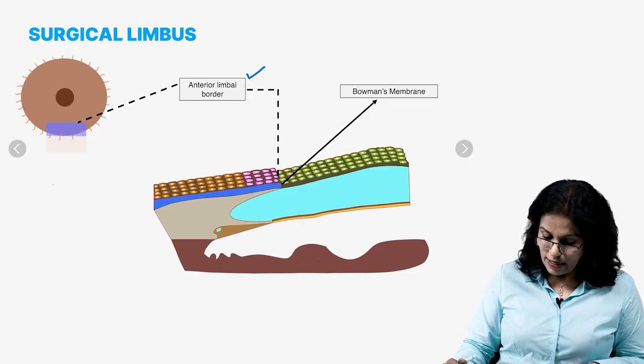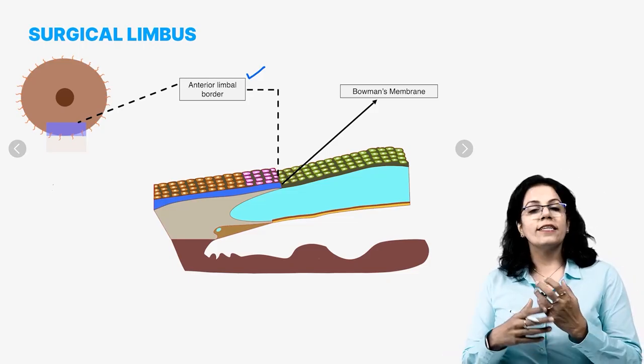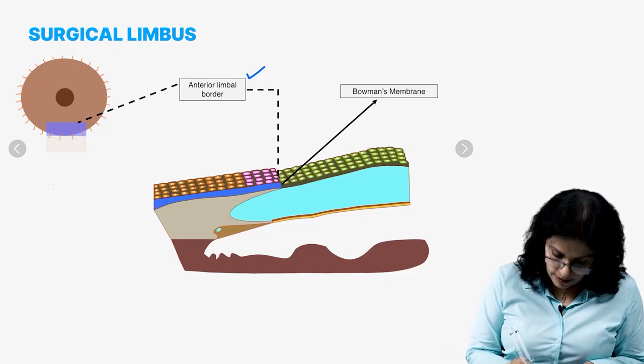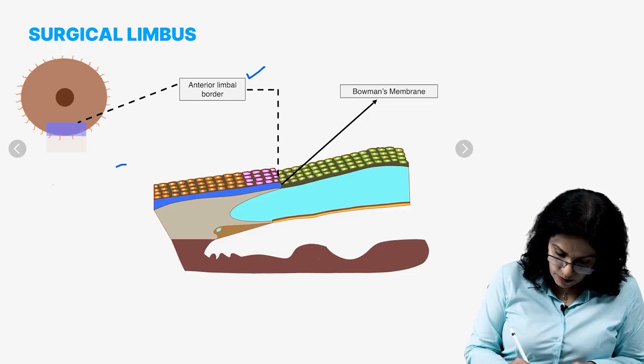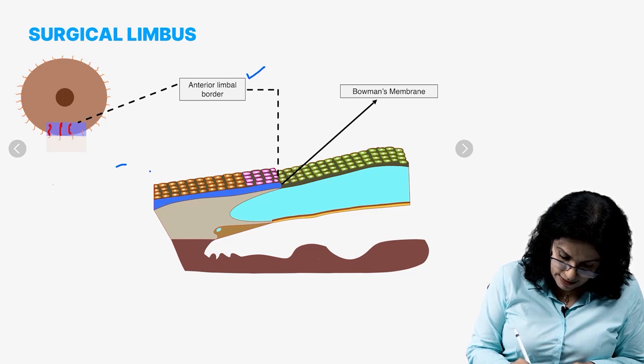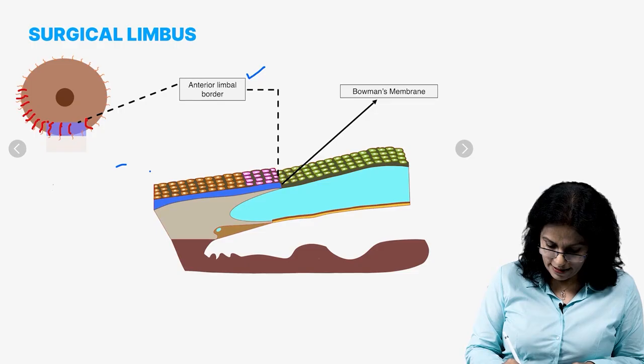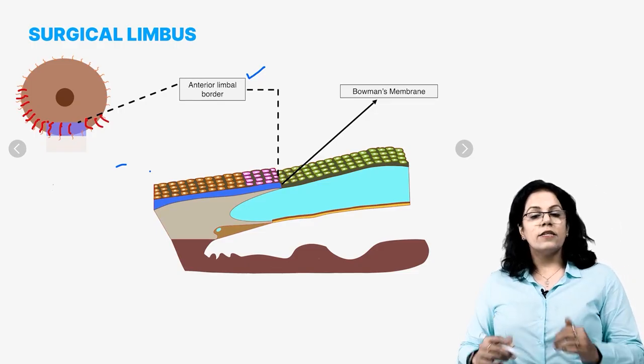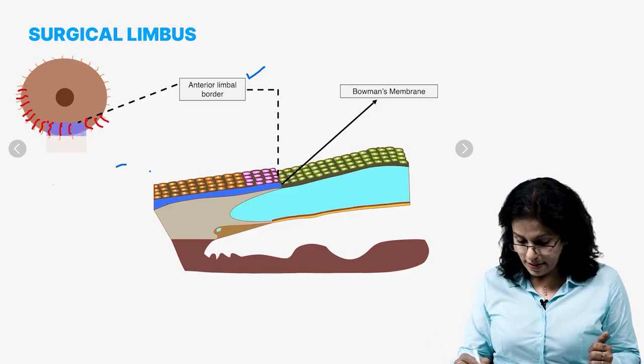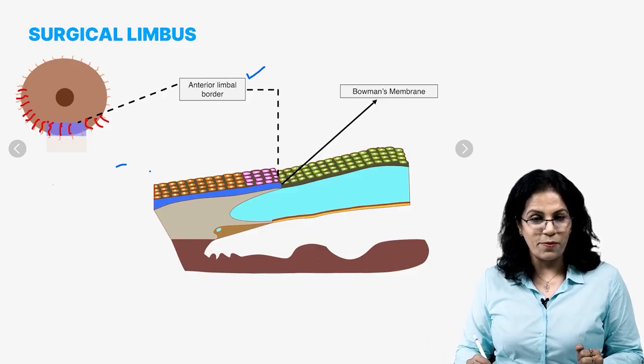If this is the anterior limbal border, how do we grossly understand which is the anterior limbal border? A little correction here, the blood vessels would be up to this edge. Wherever the blood vessels are terminating, that becomes actually my anterior limbal border, at the end of the Bowman's membrane.